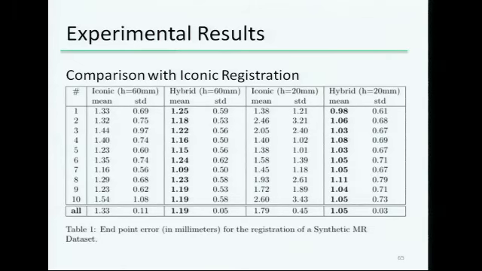This is if we combine landmarks with image terms, and this is also the case if we increase the number of landmarks. So you can see that there is a significant improvement in millimeters by combining shape matching with registration in a unified formulation, which can produce the optimal solution.